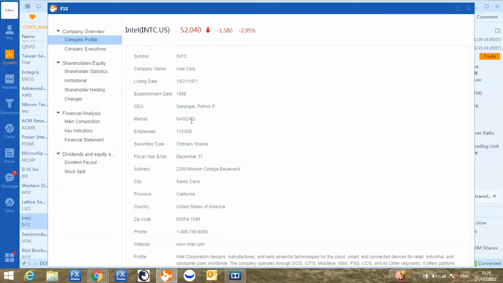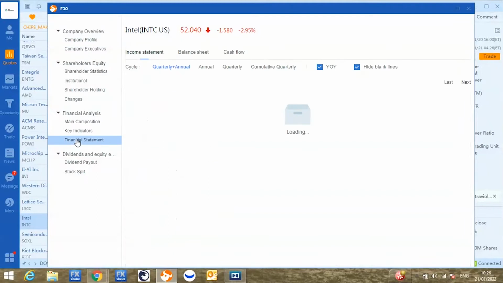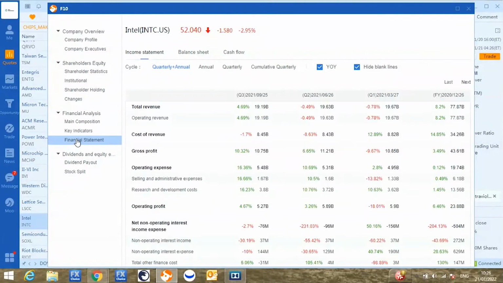Listed on Nasdaq. 110,600 employees. Wow. Financial statement, here you can go through the details, last quarter earnings and all that. You have all the information here.